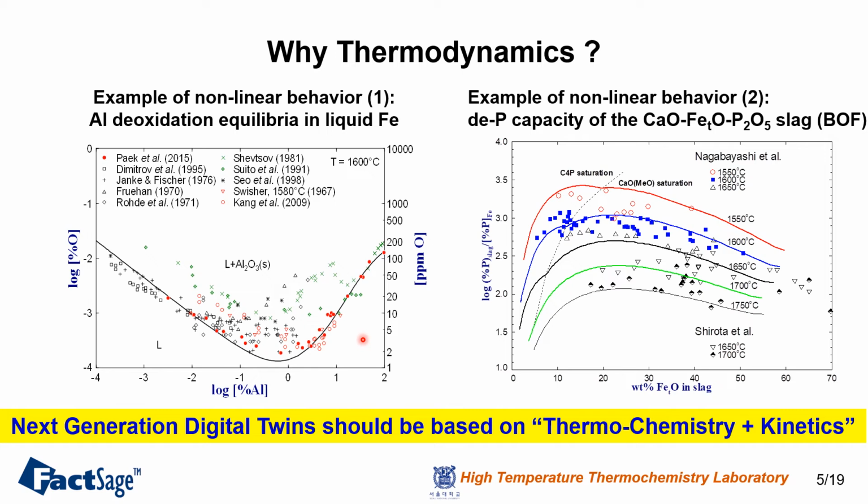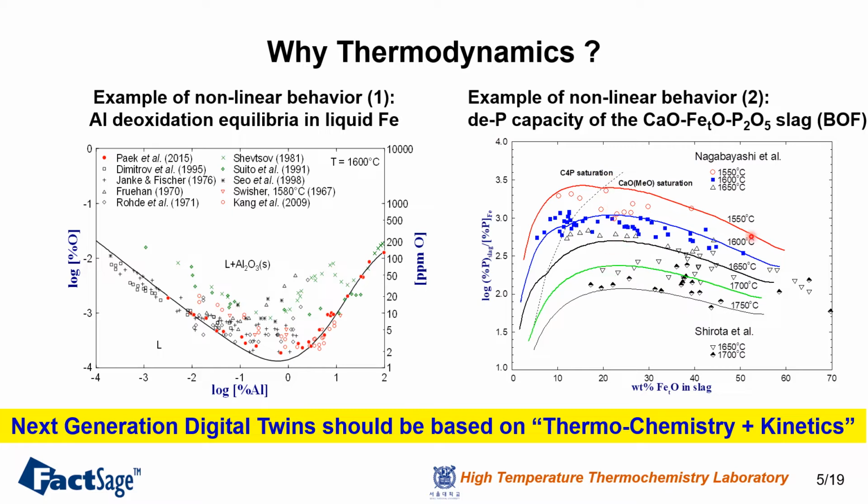So if the AI model is trained based on this data, the AI model cannot make a prediction on this side of the region. And this is the dephosphorization of the BOF by using the slag. When you increase the FeO content in the slag, the dephosphorization capacity keeps increasing up to about 20%, and then it declines like this. So if the current operation in the plant has data only up to here, then AI cannot make a decision about what will happen after this region.